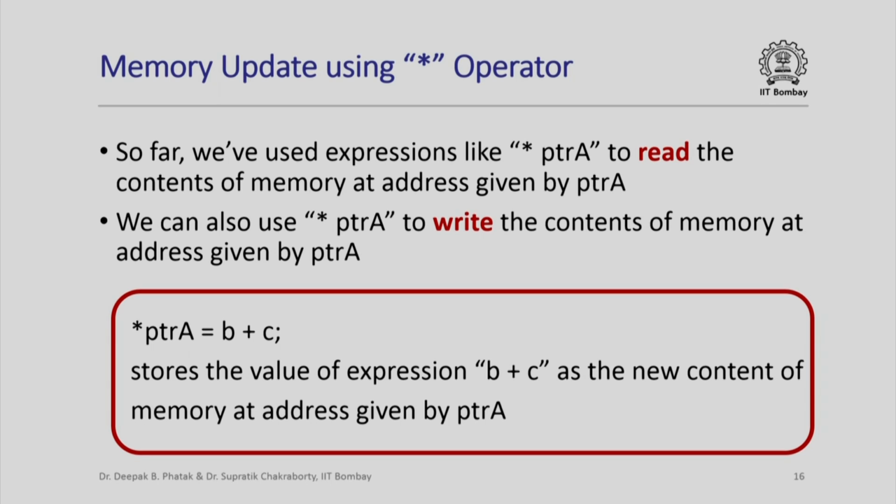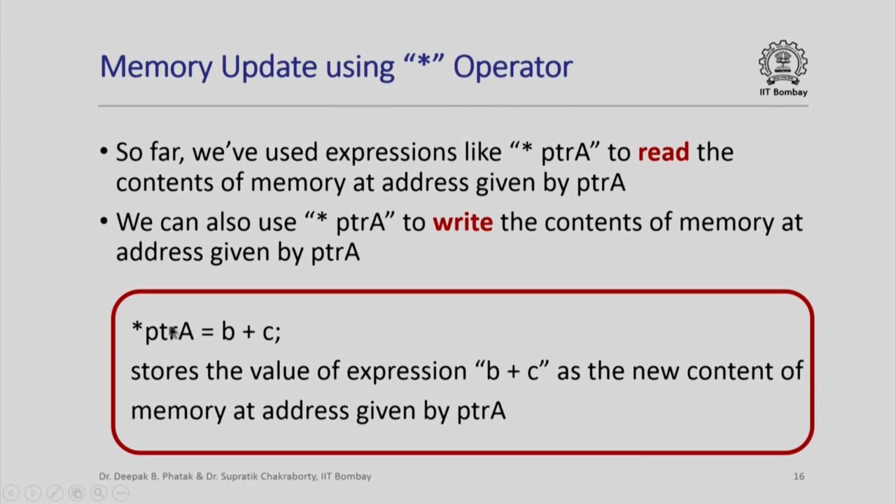Now so far we have used expressions like star pointer a to read the contents of memory at the address given by pointer a. It turns out that C++ also allows us to use star pointer a to write the contents of memory at the address given by a.